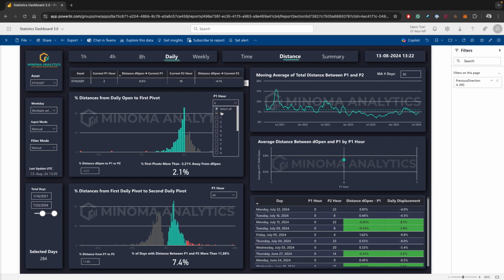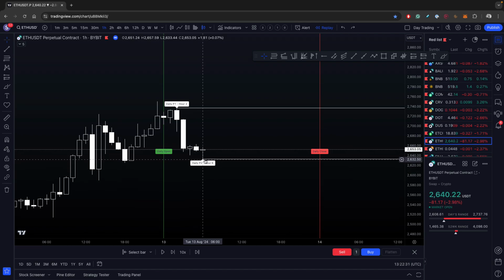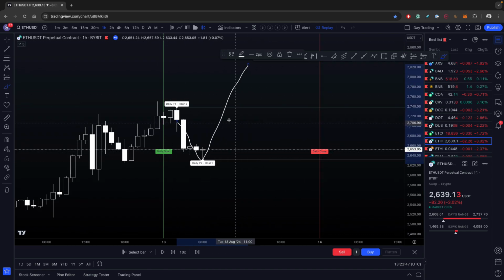So we want to filter that out because we know at this point P2 is at hour 6. So we don't need to look at the distance between daily open and P1 when P1 is being put in at hour 0. We already know that if the P1 P2 flip were to happen in this case, that would mean that P2 would be put in at hour 6, right?